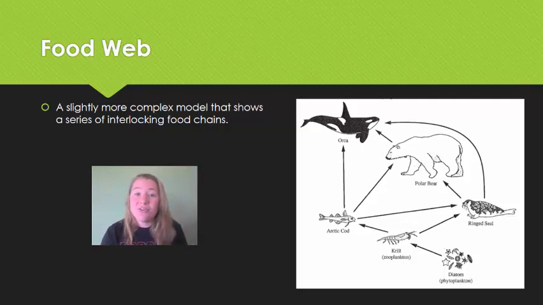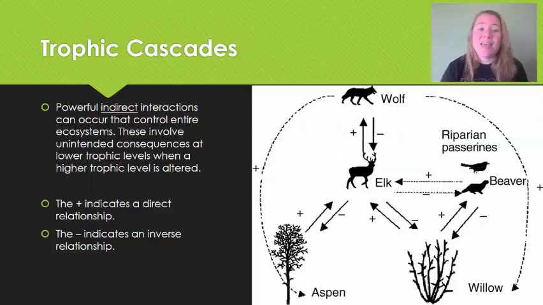Now, this diagram comes directly off of a released AP exam. There was a year where they asked students to identify a secondary consumer in this food web. But it also asked students some higher level questions to draw conclusions that would have resulted from disruptions in this food web. And that's what's called a trophic cascade.